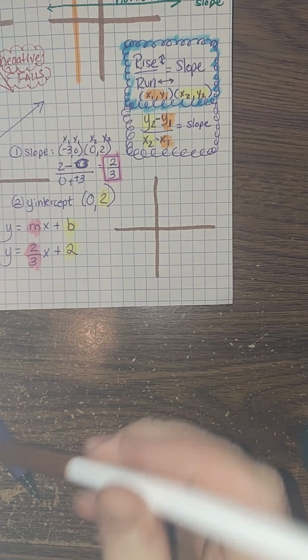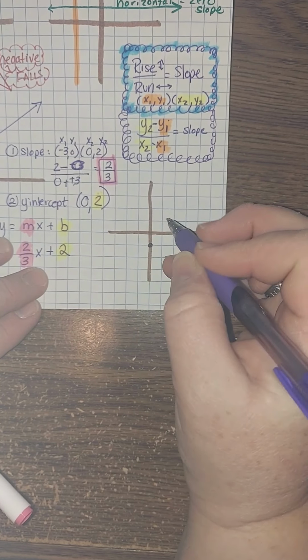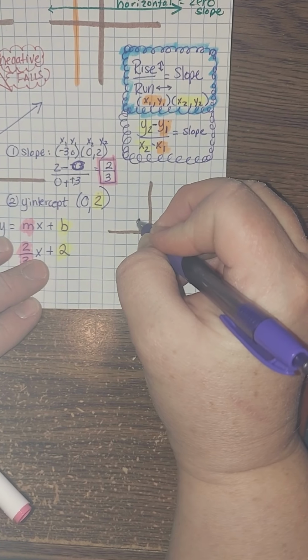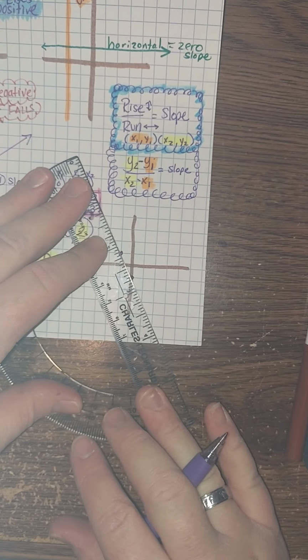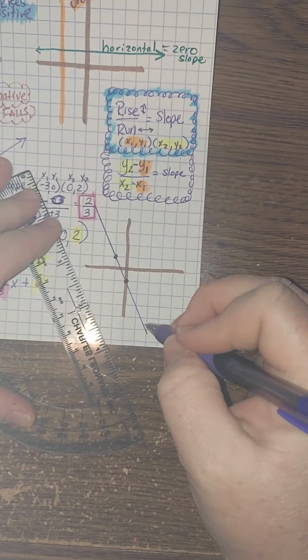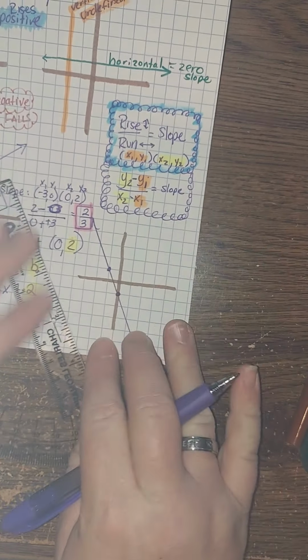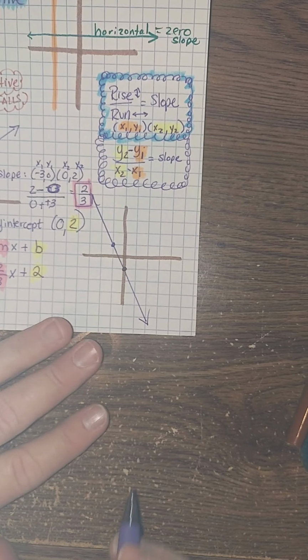And I'm going to let you count or okay? Or you can actually do the math. Okay? So I'd like you to stop the video and I want you to try this problem right here. Okay?